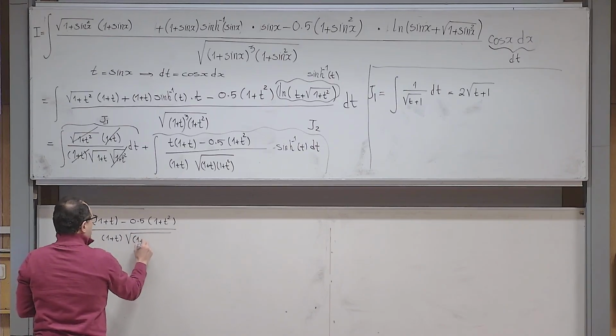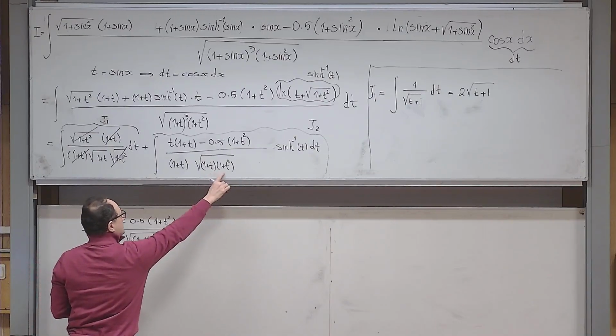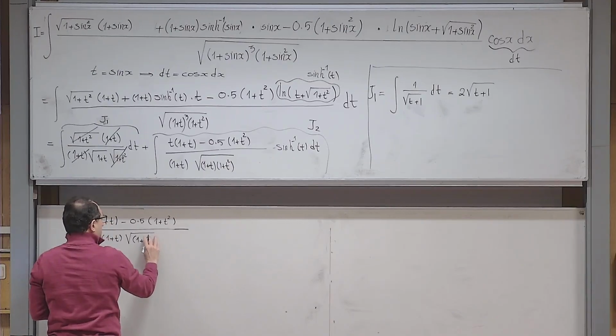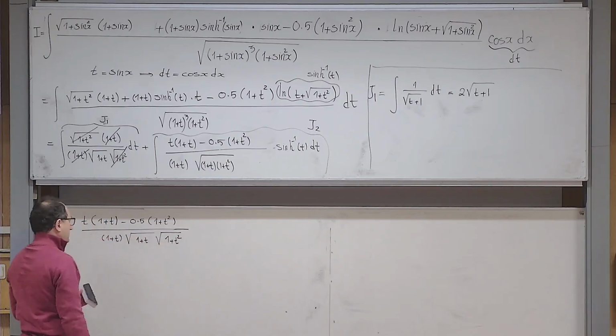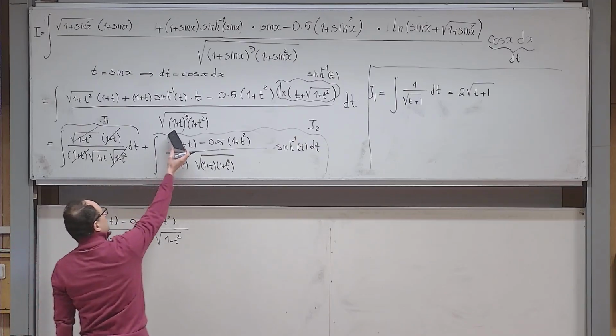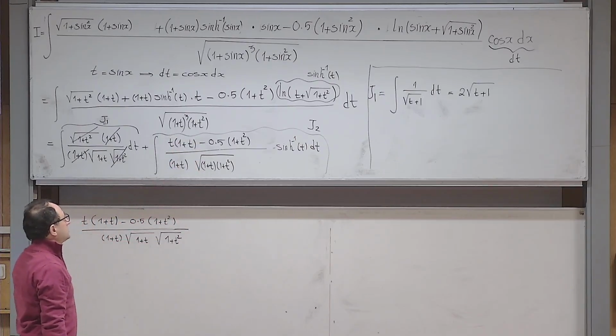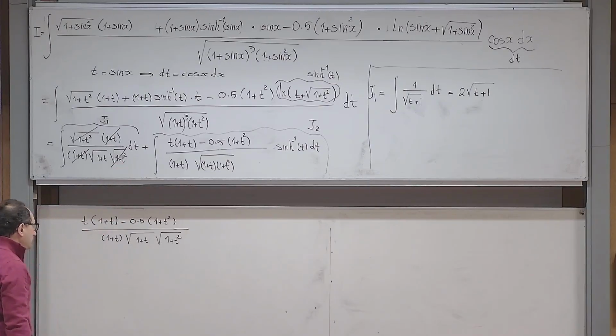Okay, 1 plus t, and here I just decompose it into the product of two square roots, of course assuming that 1 plus t is positive. And of course, 1 plus t should be positive because it also appears here with the power of 3. If 1 plus t is negative, that is not defined in the first place, so they cannot ask this question.